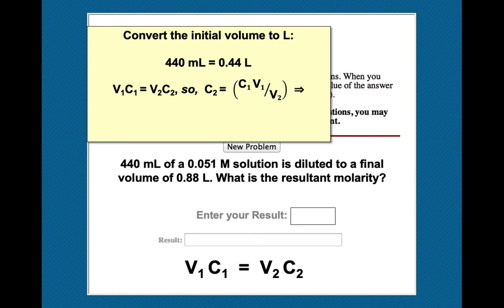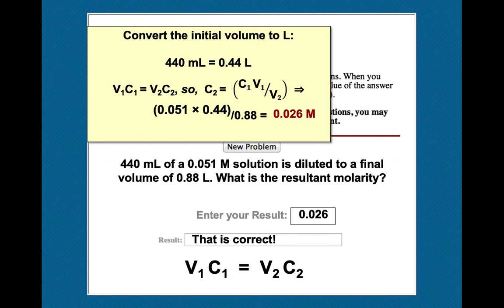Simply, that's our math. 0.026 molar. Again, the questions on Blackboard will deal with standard dilutions here, not with serial dilutions. Any questions?